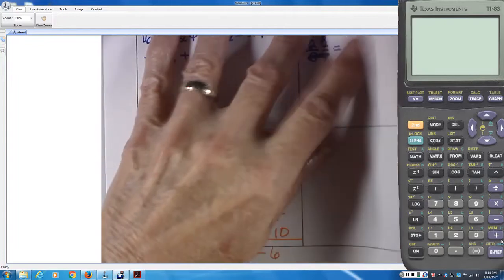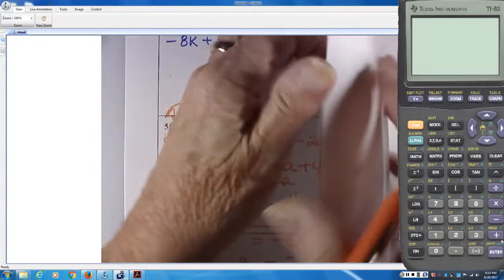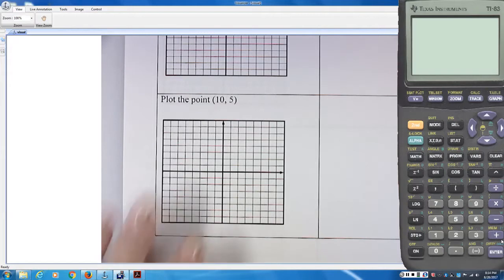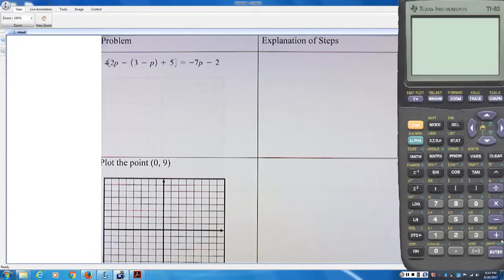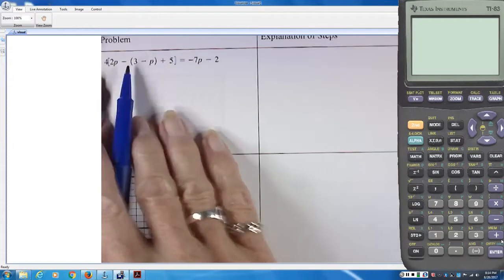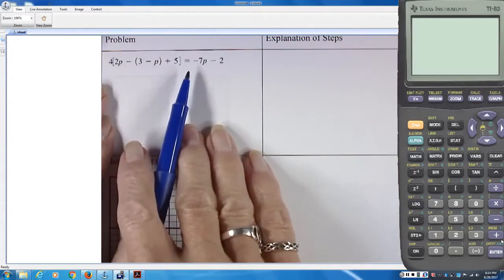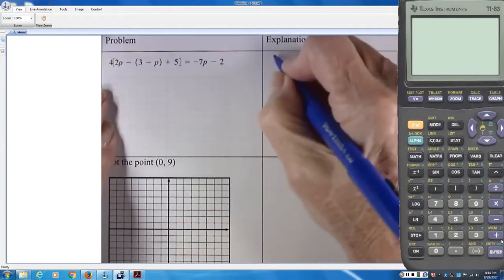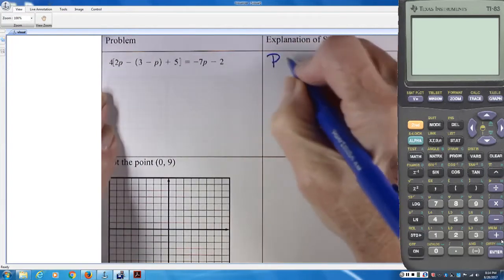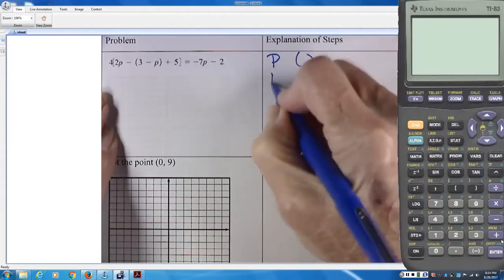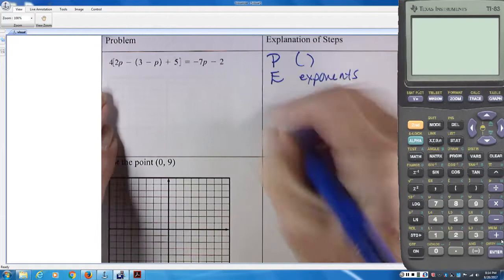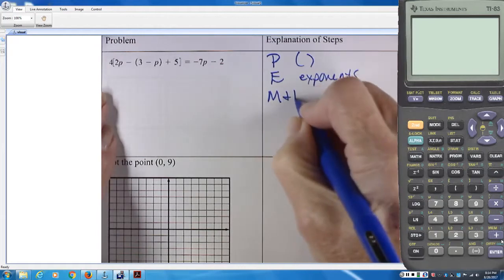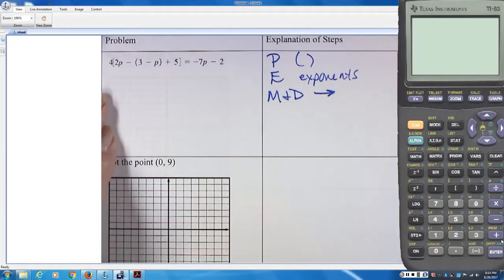Now, I didn't do very many equation solving examples because I know most of y'all have had that much more recently, but I did do one more. And this is what's called nested parentheses. So it's a little review of order of operations. Your order of operations says that you do parentheses first, then you do exponents, and then you multiply and divide straight across from left to right.